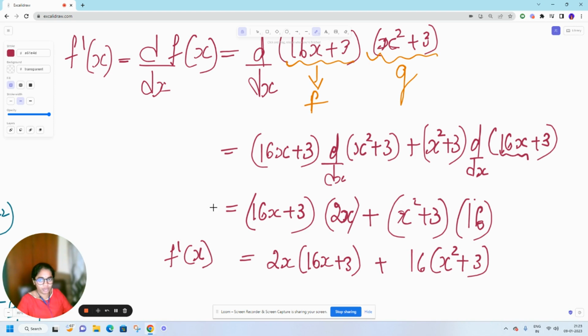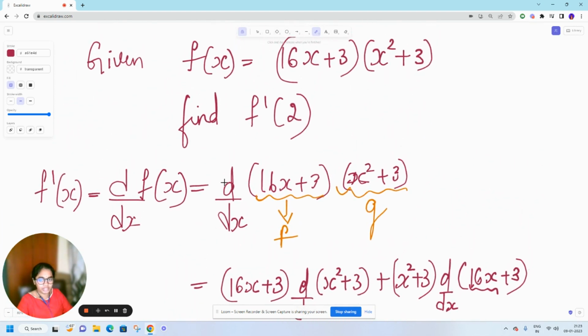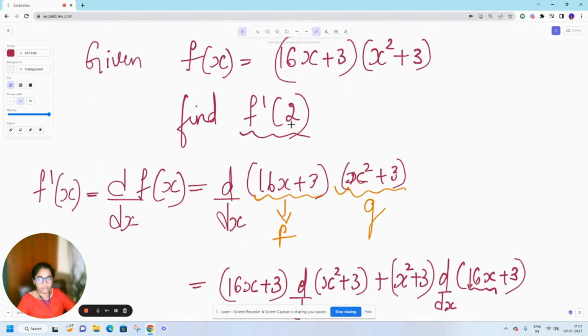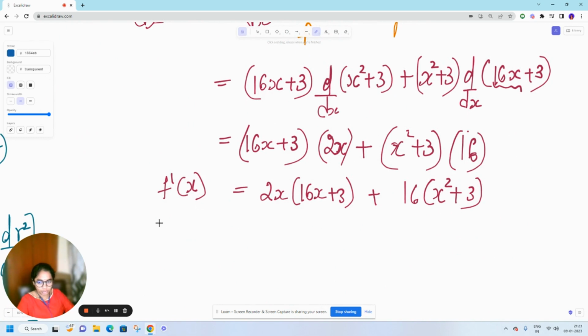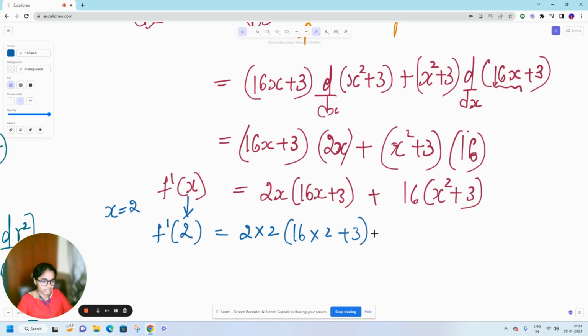Observe the given question. What are they asking us to find? They are asking us to find f dash of 2. So in our given answer, I'll replace x with 2. Okay, f dash of 2. Clearly in place of x I have 2. So even in the RHS, let me replace: 2 into 2, 16 into 2 plus 3, plus 16 into 2 square plus 3.